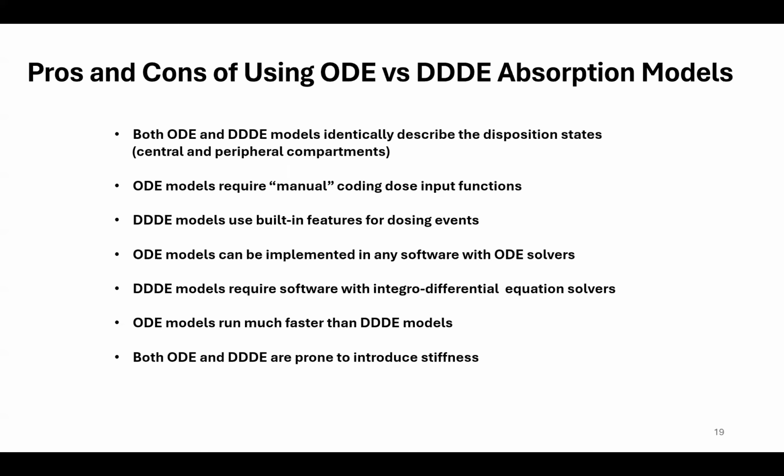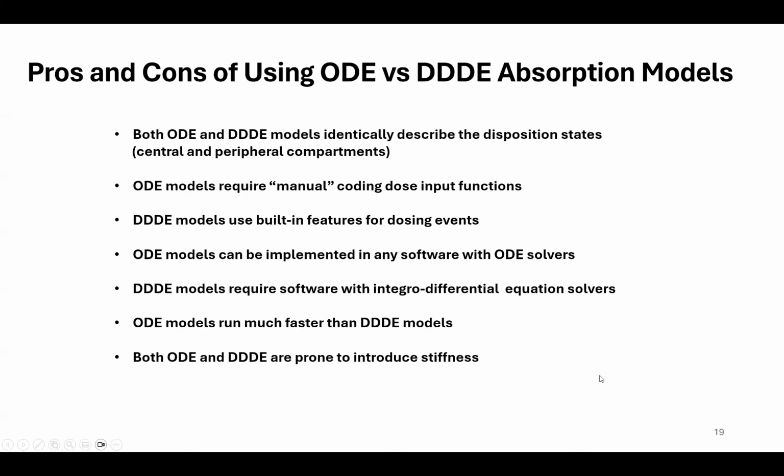The longer runtime for DDE models is expected, because DDE models are actually integro-differential equations. So the solvers don't just solve differential equations, but they also have to do the integrations of the integrals. So that really cannot be faster than an ODE model. They will always be slower.